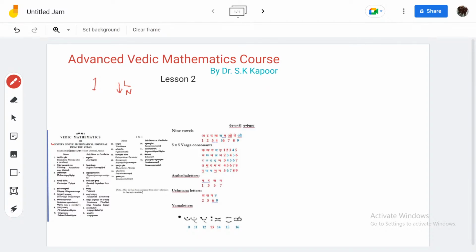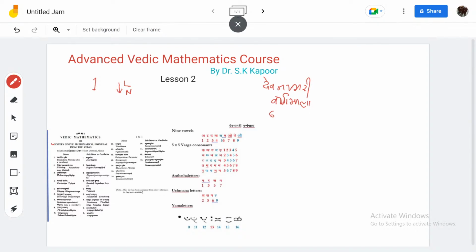Now see the Devanagari Varanamala, the word Devanagari is in letters form, and the same is to be translated into numbers. Let us translate it. The letter Da will give us 6.